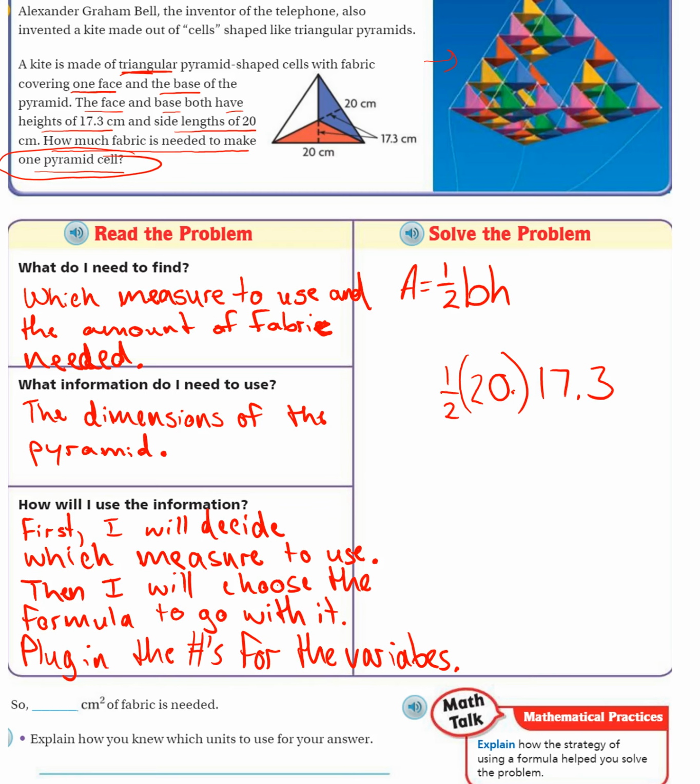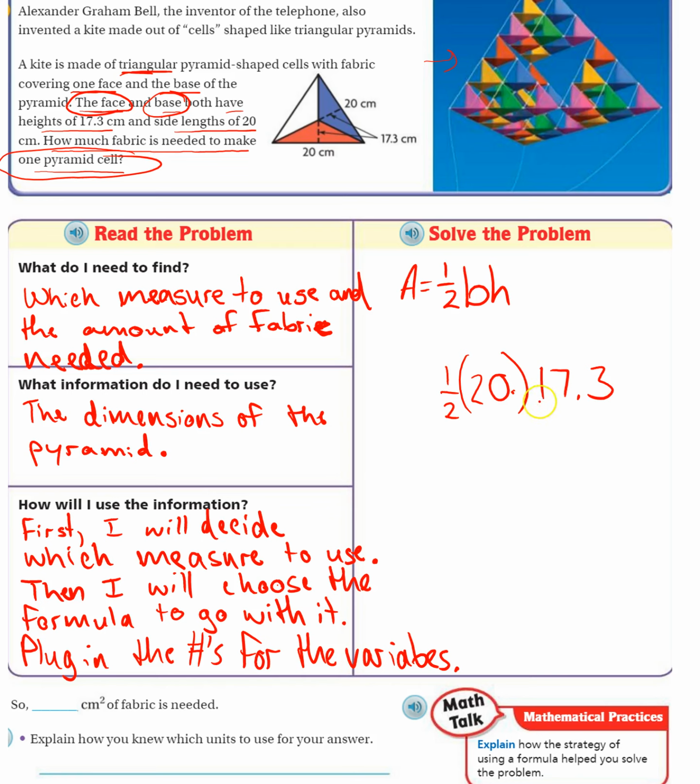Now, little clue here, little shortcut, I guess you could say. Since I know I have the face and the base, so I have two triangles, I'm going to need to find this area and then multiply by 2. But taking off this 1/2 would be the same as multiplying by 2 at the end, because this is essentially dividing it by 2.